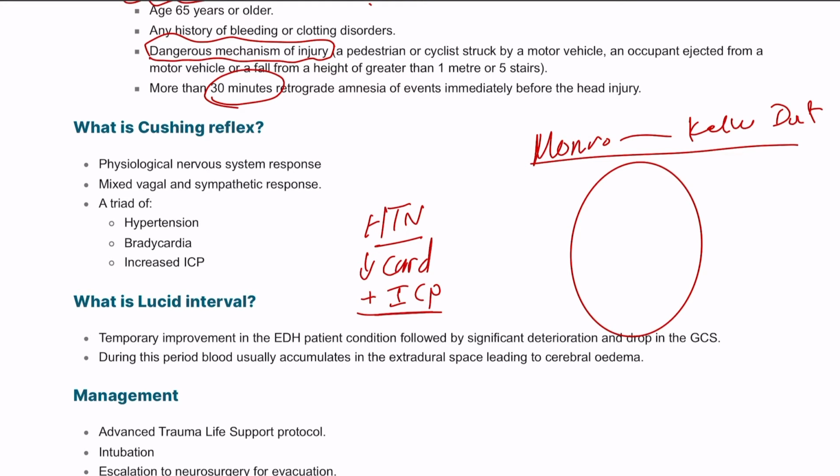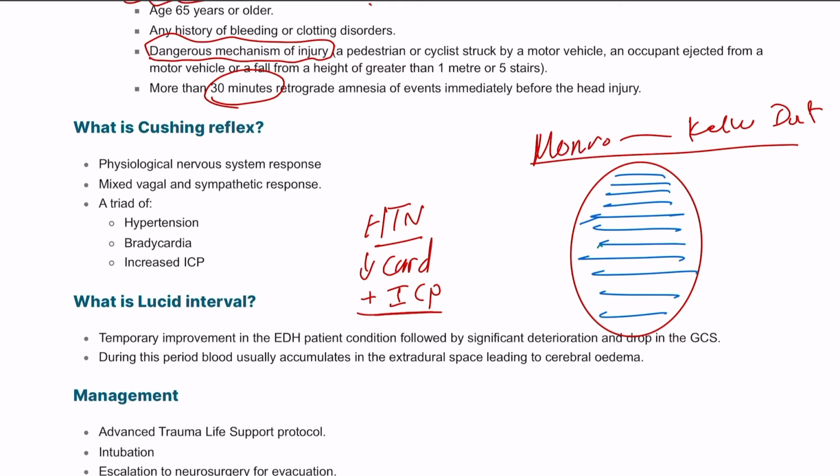That will be the brain tissue or the brain parenchyma, and there is some CSF inside the brain as well. And also some blood vessels, veins, and arteries. So this is a closed box. Any increase in any of these structures, whether the blood vessels, the CSF, or the brain tissue, will lead to a significant increase of the intracranial pressure.